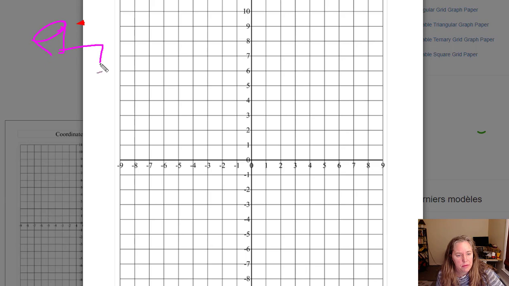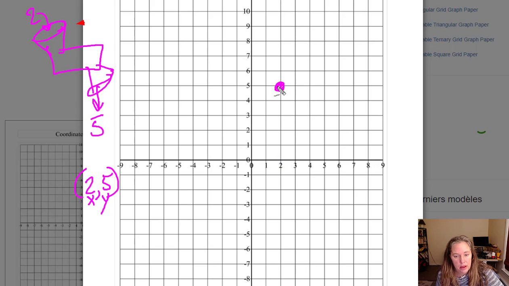Here's our function machine. We input a 2, and out came a 5. To remind you, input is x, output is y. So as an ordered pair, that would look like this: 2, 5, because input is x, output is y. So we have an input of 2, an output of 5. This is what it looks like on the graph.